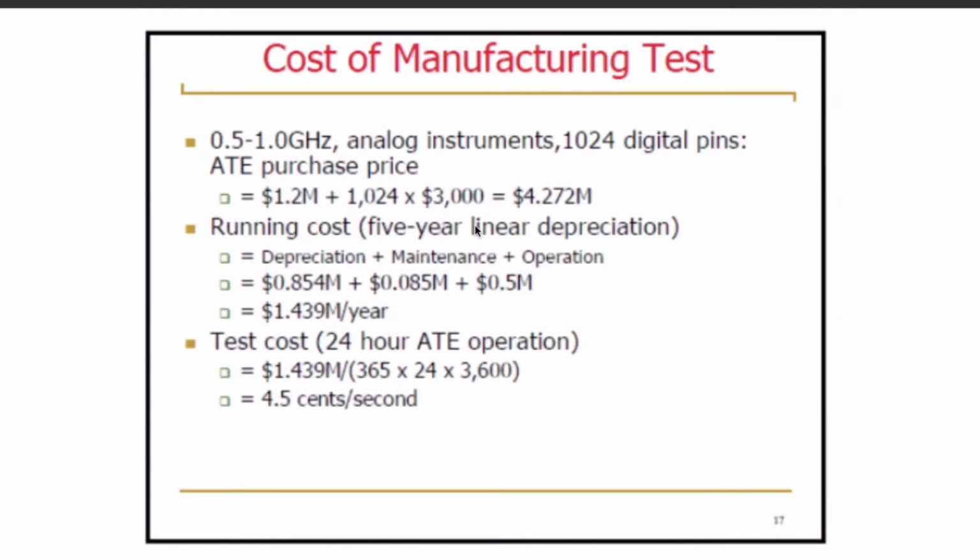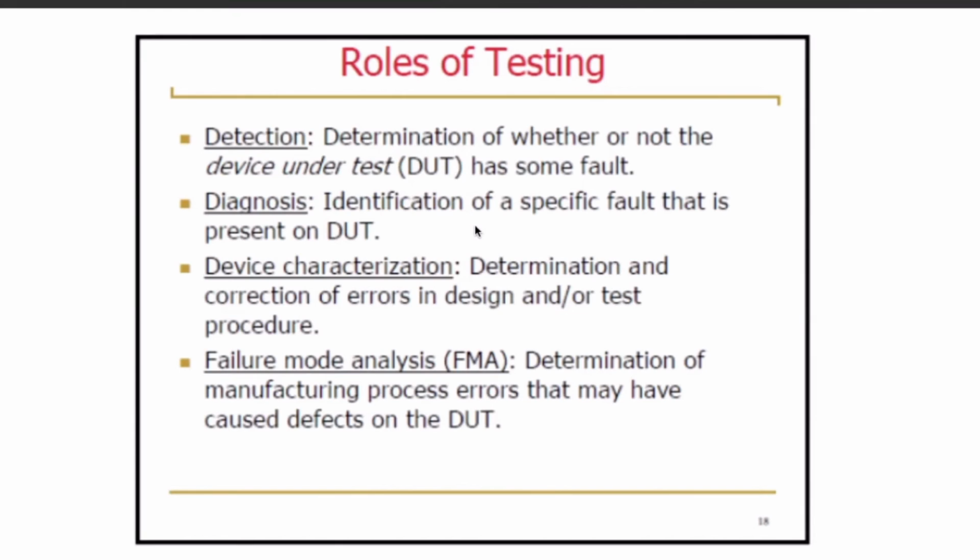Then when you apply the device and the result of the test generation process and start real test application, this machine takes 4.5 cents per second. So if a circuit's ATE operation is of 24 hours, it will take around 1.4. So these testing processes are too complex.